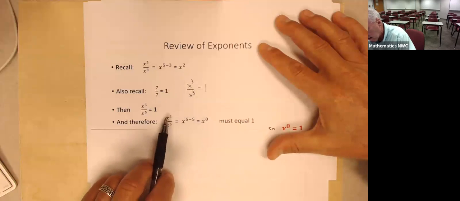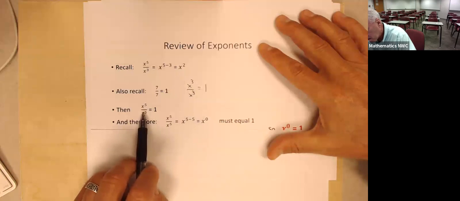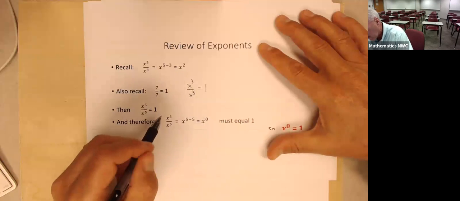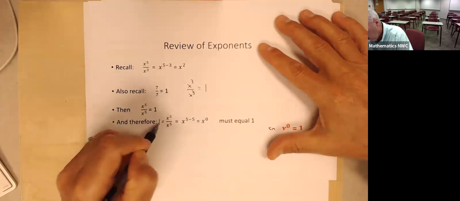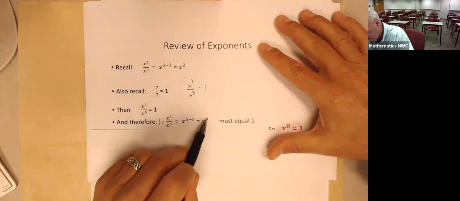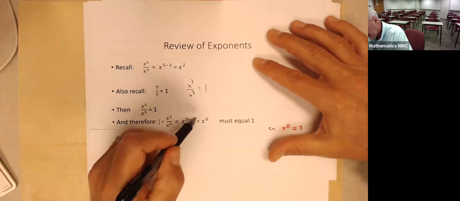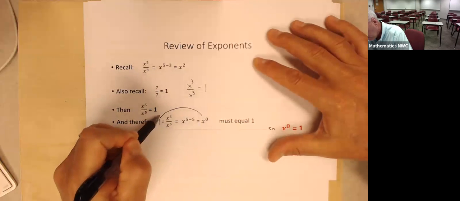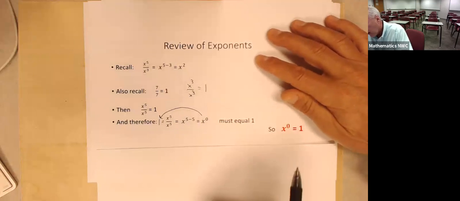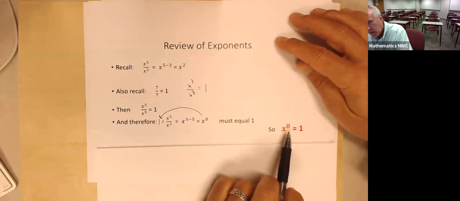Now, we also recognize that originally it had to be 1. So this quantity had to equal 1. But if I subtracted the exponents, I got 0, which means this x to the 0 must equal the 1. That is why we get this last rule.